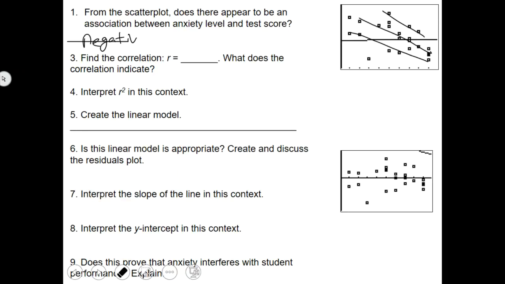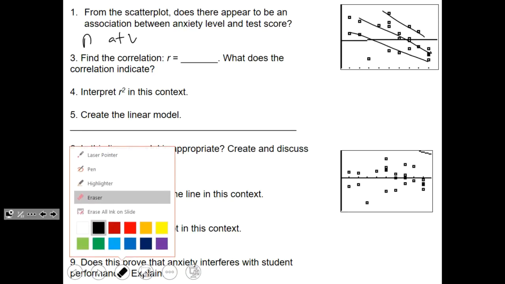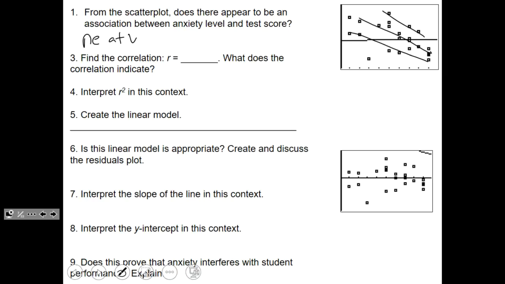Let's clean that up. Moderate strength association between, we said, anxiety and test score.